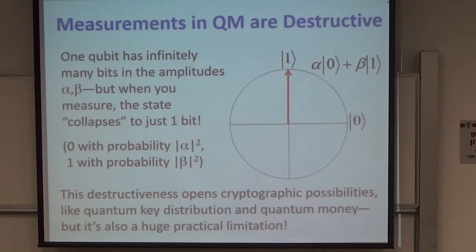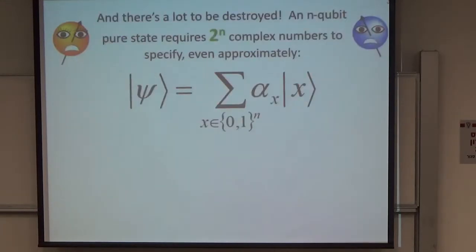All right, but back to quantum mechanics. Now, not only are measurements destructive, but if we consider entangled states of many particles, then there is a lot to be destroyed. If we consider even a pure state of n entangled qubits, then a central fact about quantum mechanics is that such a state, in general, requires something like 2^n parameters to fully specify it.